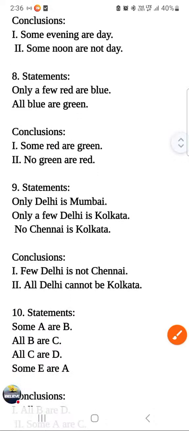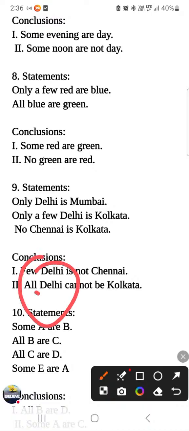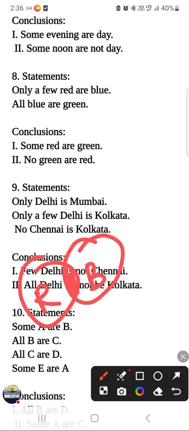Then only few red are blue. When it says only few, we can also say some red are not blue, because it surely mentions only few. So this much red are blue, but the rest of red are not blue, and all blue are green.